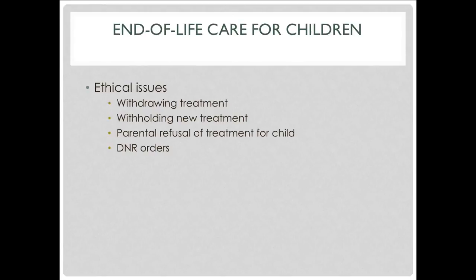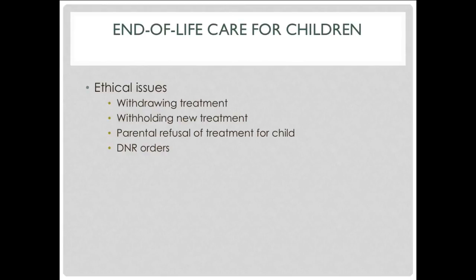And all of the process that it would take a parent to come to those terms. And how do you decide not to do a new study? So, withholding new treatment. How do you decide when enough is enough? And you might say it's one thing for you to decide for yourself. How do you decide that for your child?